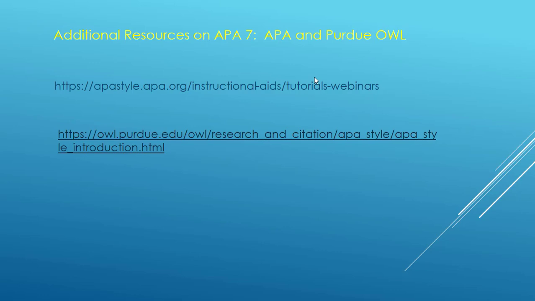In other words, at this moment, the citation generators are going to be more reflective of APA 6 than APA 7, though we're getting there. And it's going to be important, especially for the articles from databases and things, that students cross-reference with another resource, such as Purdue OWL, to make sure that what they are submitting is correct.